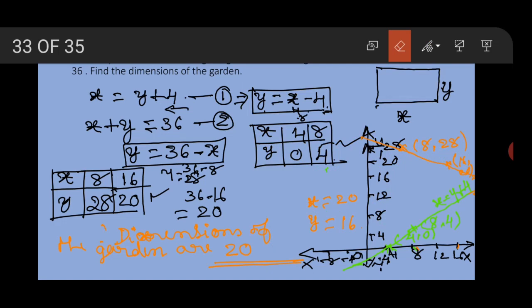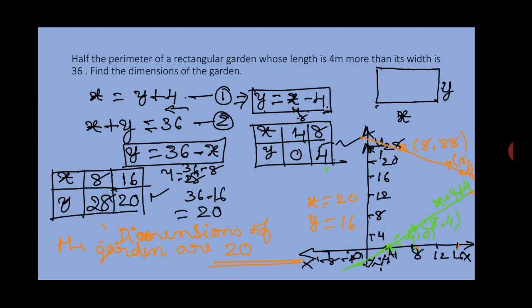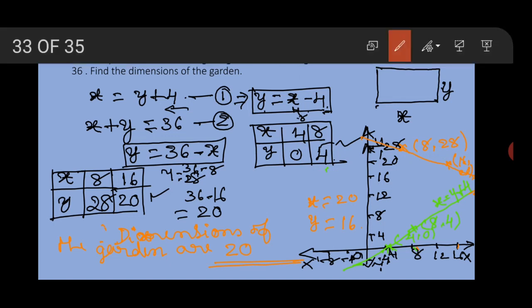Length is 20 centimeter and breadth is 16, or you can write in this way also. See, dimensions of the garden are 20 centimeter, length is 20 centimeter.